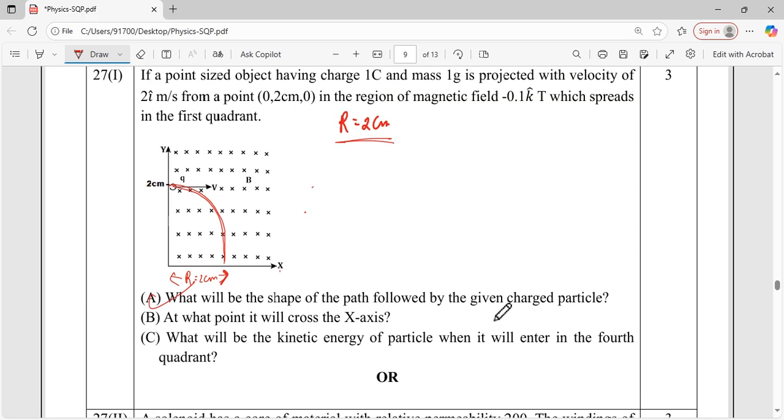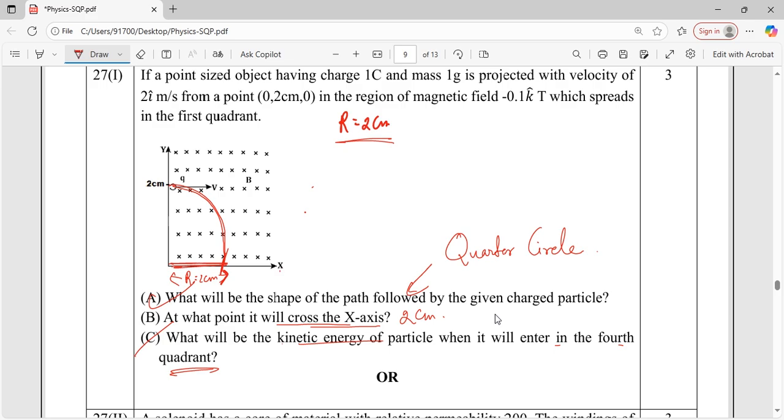And at what position will it cross the x-axis? The x-axis crossing is at 2 centimeter, the radius we found. And what will be the kinetic energy of the particle when it enters the fourth quadrant?